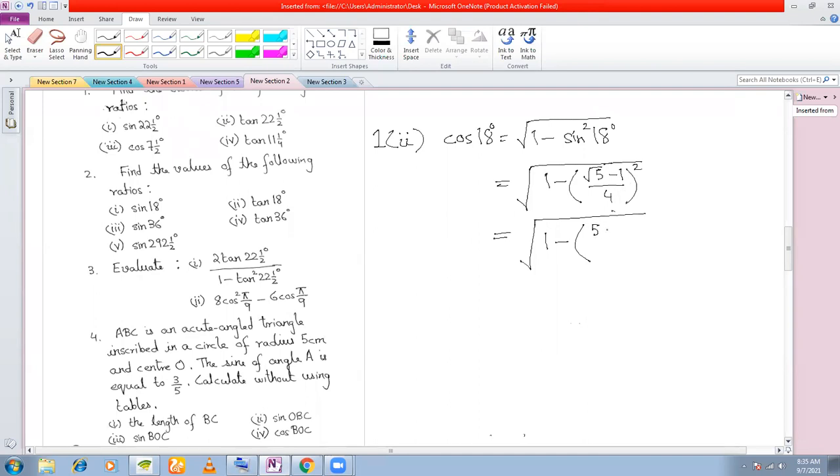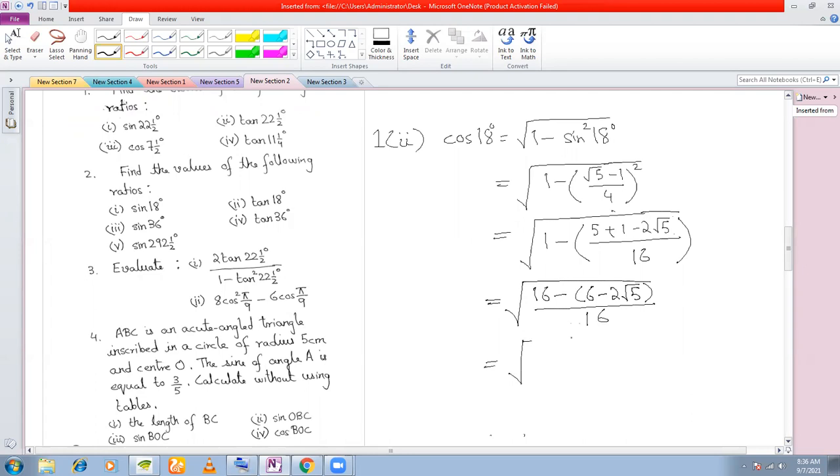If you expand, you'll get 5 plus 1 minus 2 root 5, and here in the denominator you're going to get 16. You take the LCM within the radical, you get 16 minus, and this 5 plus 1 minus 2 root 5 will become 6 minus 2 root 5, divided by 16.